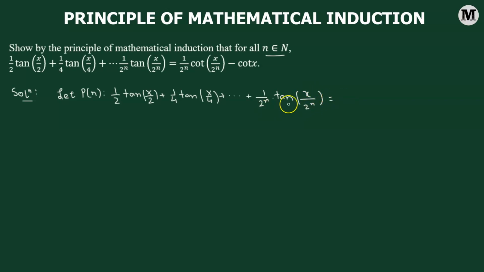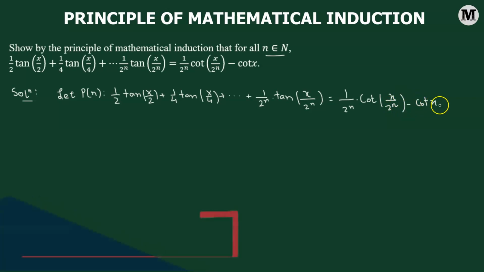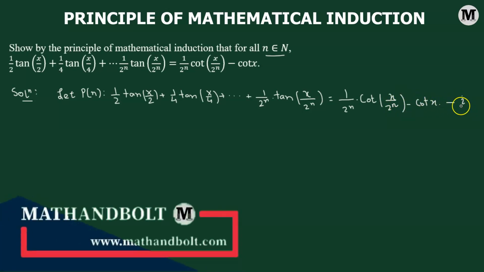The sum of the series equals 1 over 2 raised to the power of n multiplied to cotangent of x over 2 raised to the power of n, minus cotangent of x. This is our mathematical statement, and we're going to denote it by statement number 1.